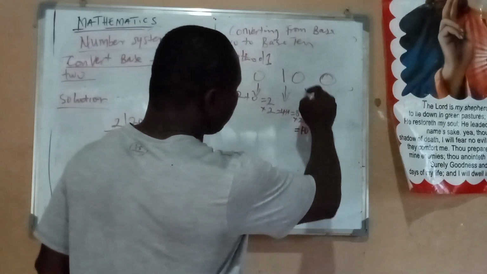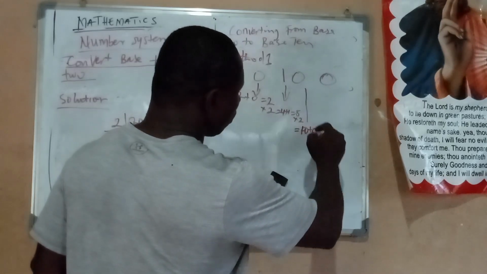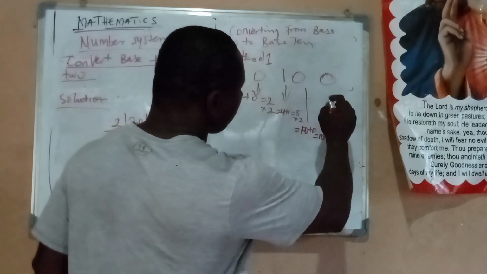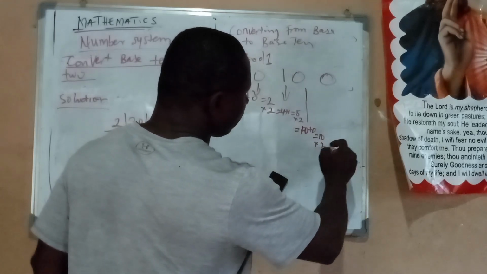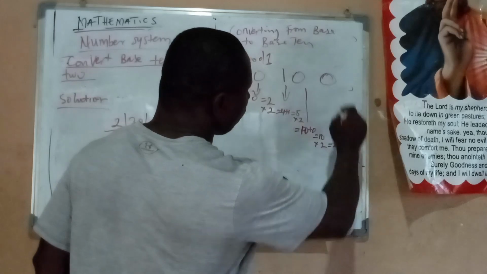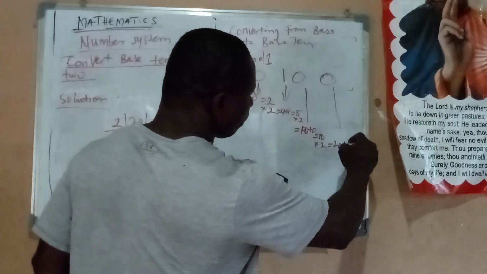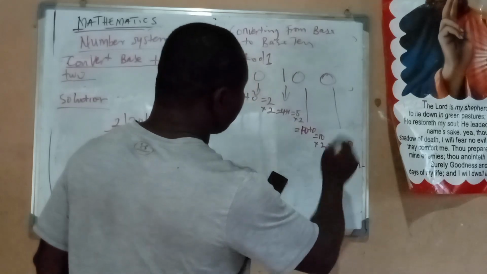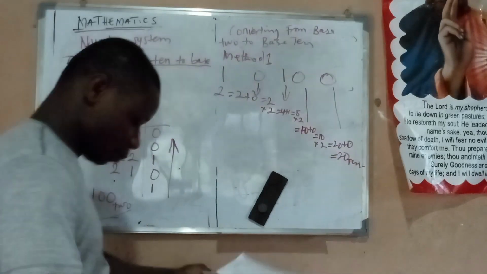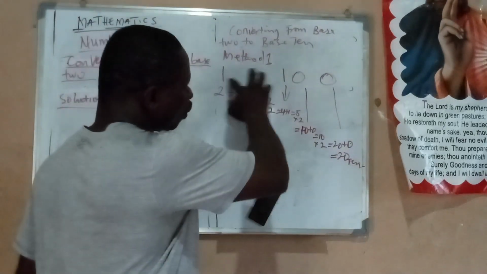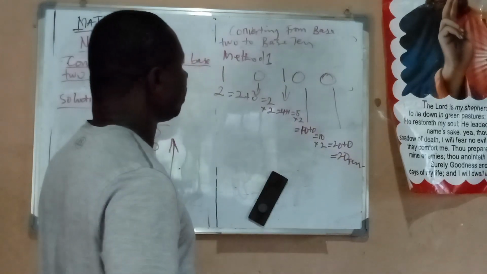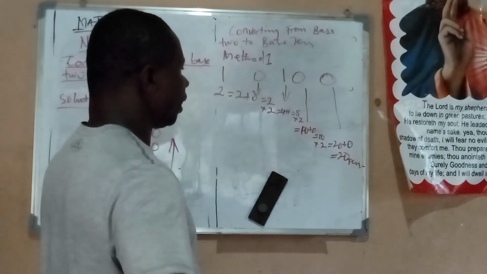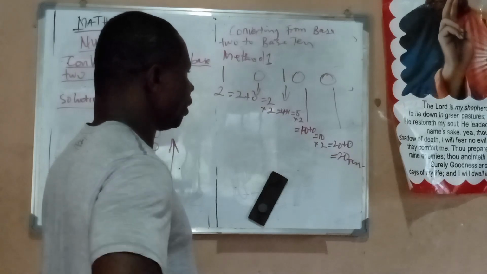Okay, now we bring down, plus 0 equals 10, times 2 equals 20. We bring down the 0, is equals to 20 in base 10. That's how to convert from base 2 to base 10, as the case may be.